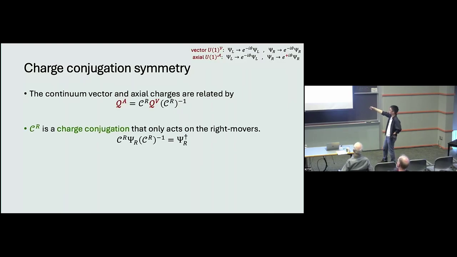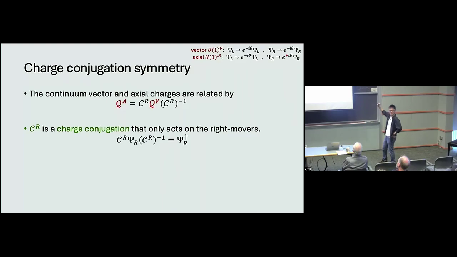So why is this true? Let's look at the transformation rule of the vector and the axial symmetry on the left-moving fermions and the right-moving fermion. The only difference is this minus sign versus the plus sign for the right movers. So if you conjugate the vector charge by the CR operator, you exchange what you mean by psi right with psi right dagger, and therefore exchange the plus with the minus up there.